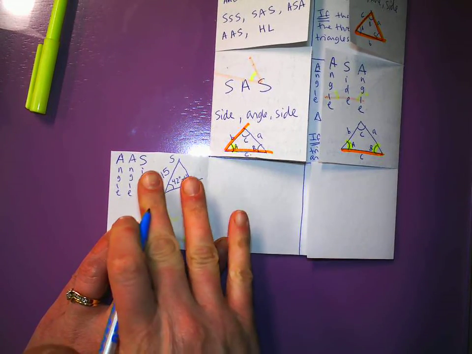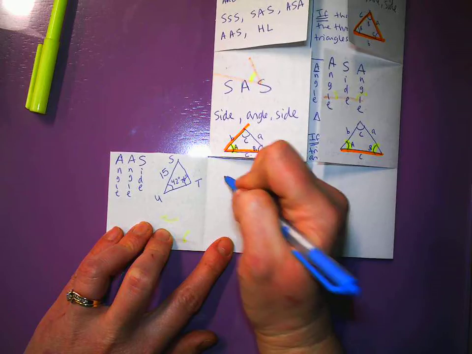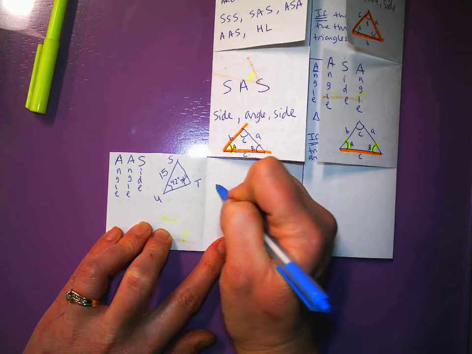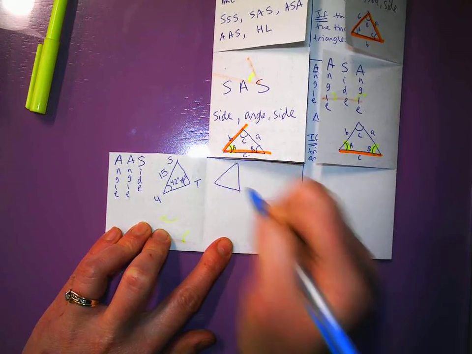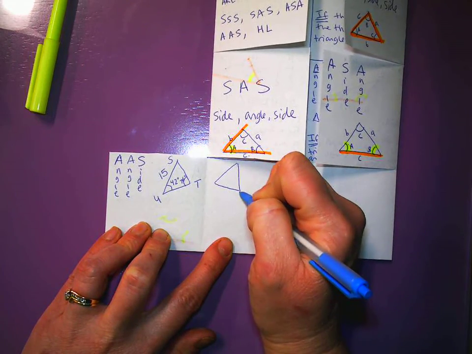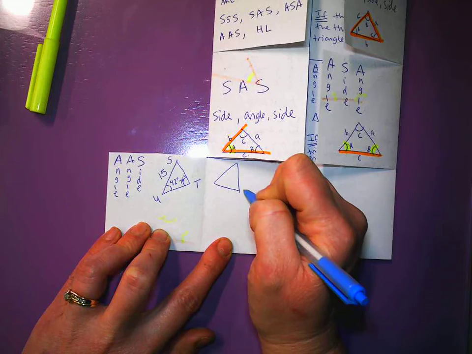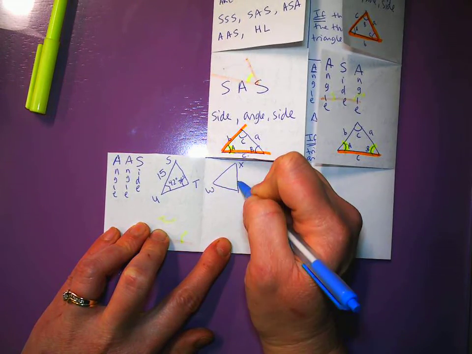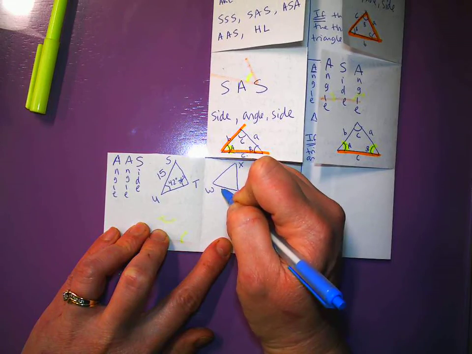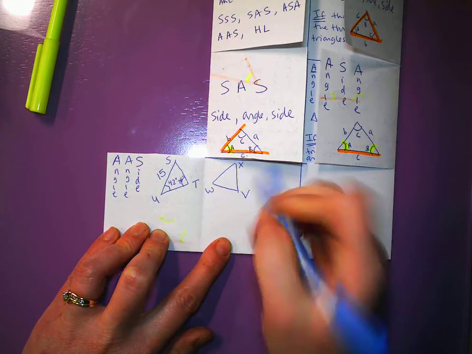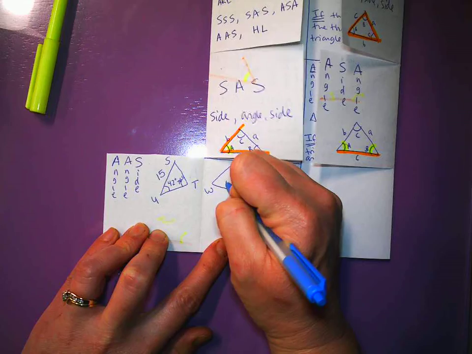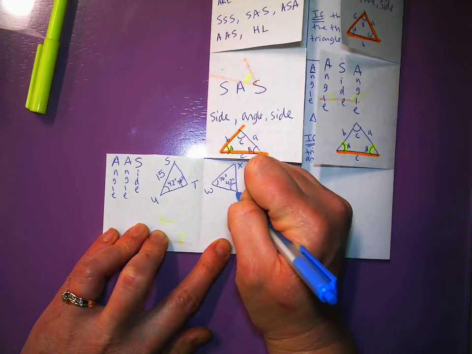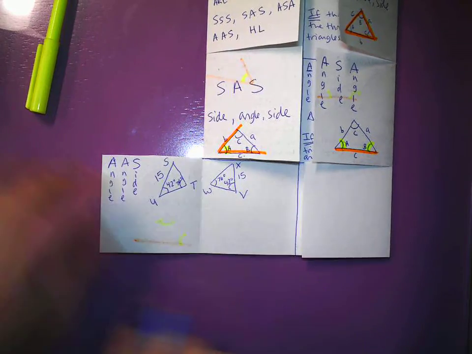So if I take this and then I reflect it, I end up with a triangle that looks kind of like this. And I have over here now angle VWX. And if I've reflected it over here, this is 42 degrees. This over here is 76 degrees. And over on this side, it's 15.